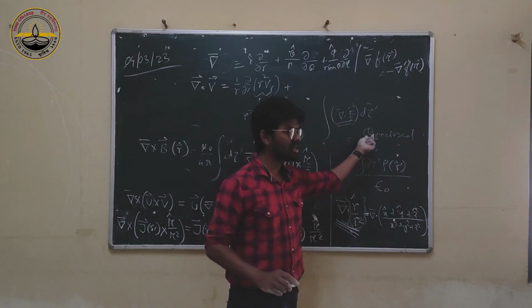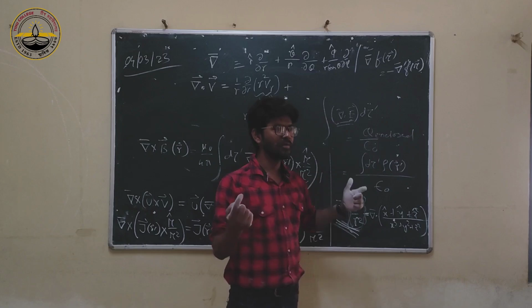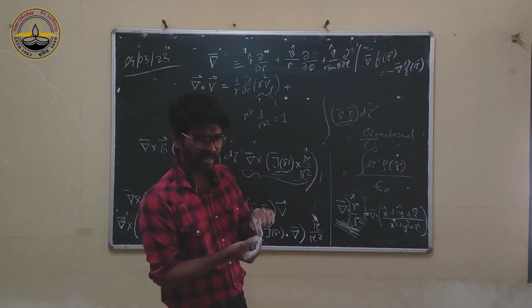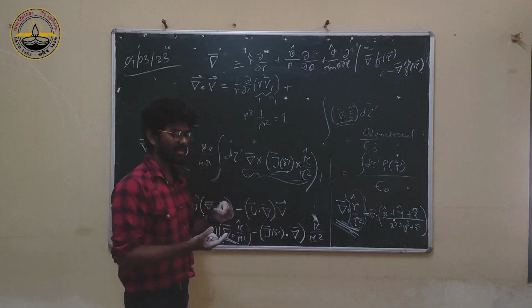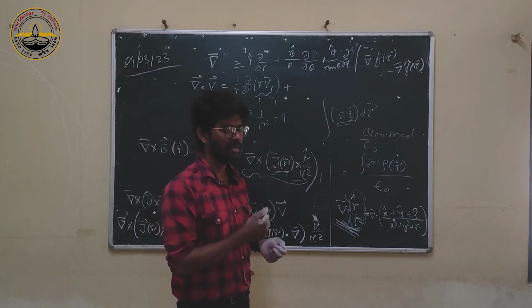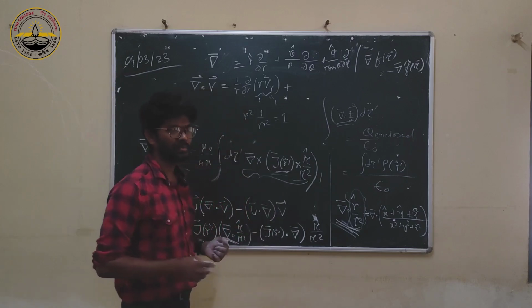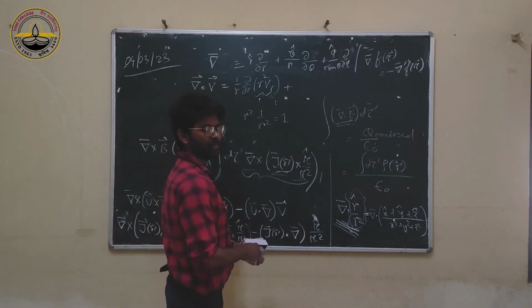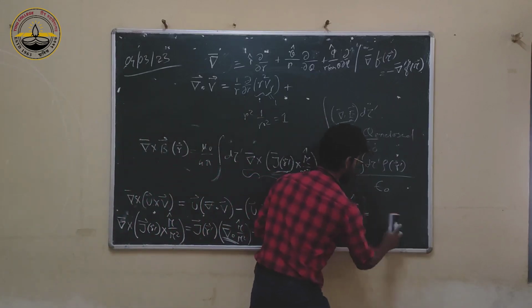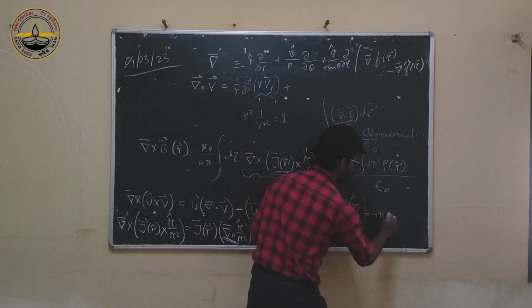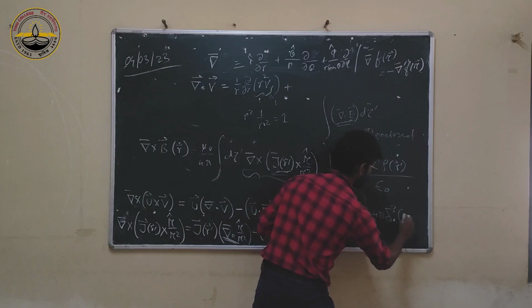It's like a fixed charge at one point and 0 everywhere, as if it has an infinite density at this point and 0 everywhere. That's the delta function. In the case of the delta function, you have to deal with the mathematics of the delta function. So the divergence of r cap over r squared is precisely 4 pi times the three-dimensional delta.